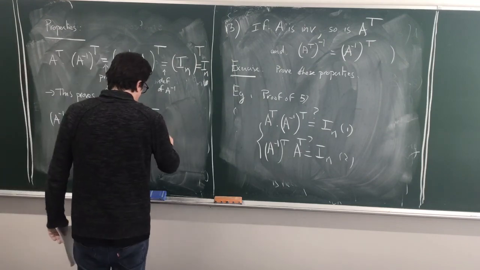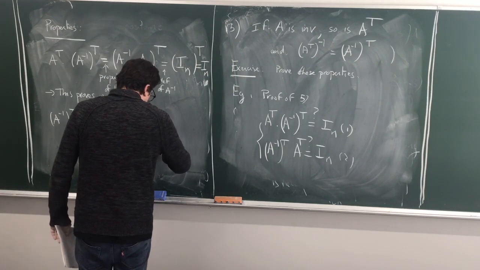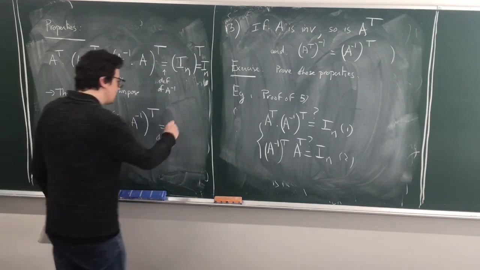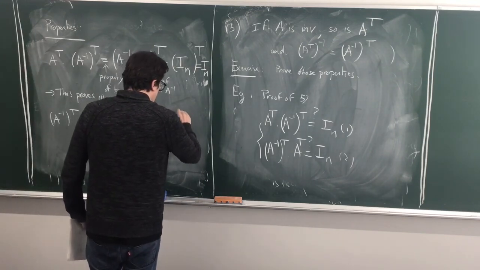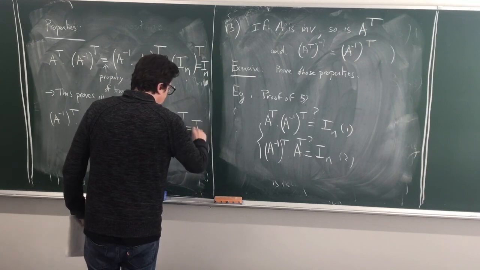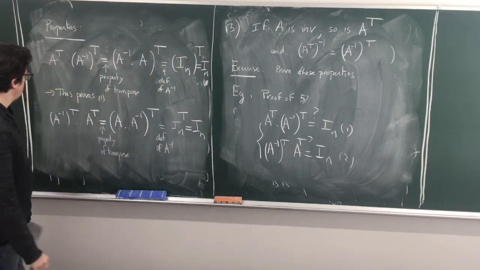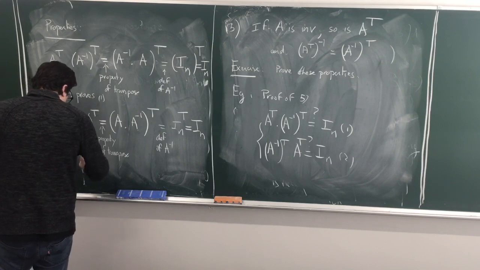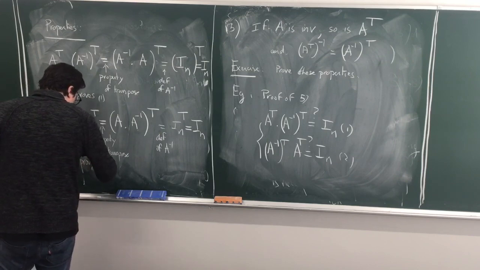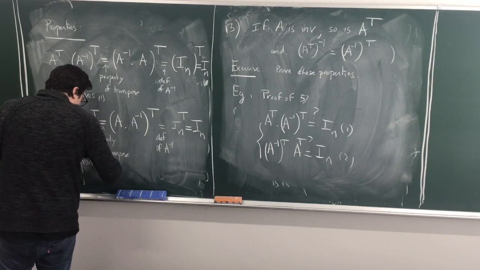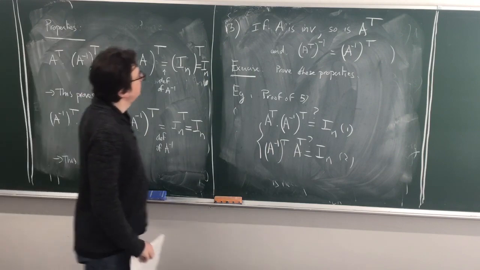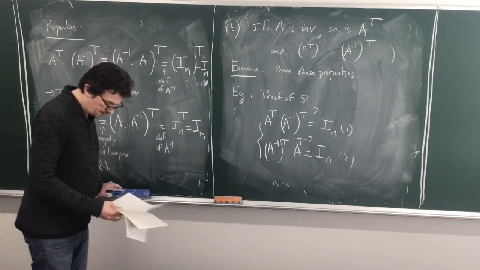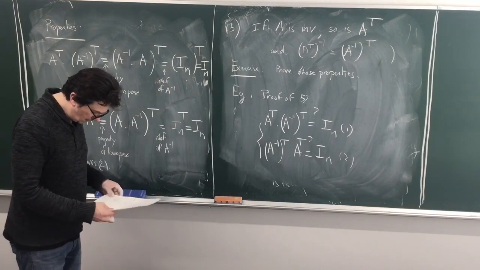Again, by definition of A^(-1), we know that A times A^(-1) is the identity, and so we can conclude as before. This proves 2. So, as you can see, we proved number 5. You can try an exercise to prove the other assertions.